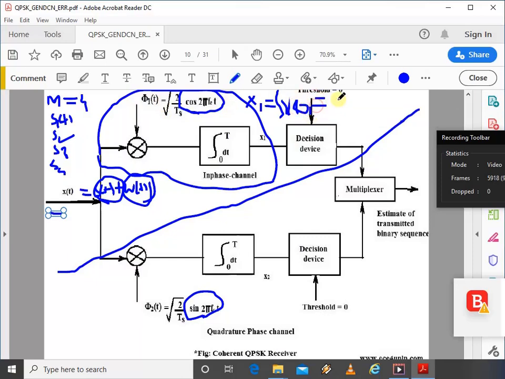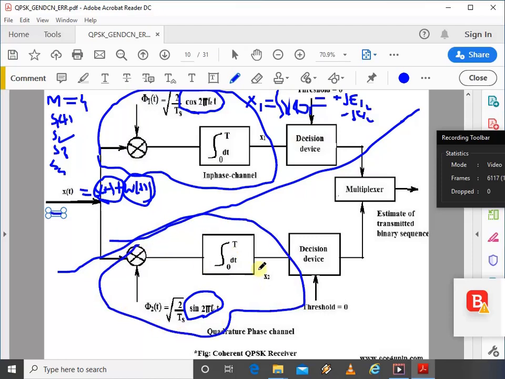The result of this will be either plus square root of E by 2 or minus square root of E by 2. Similarly, the lower arm also contains a second correlator. The output of this second correlator will be x2, similar to x1. This x2 will be the product of x of t and phi2 of t. So the output of this second correlator will also be plus or minus square root of E by 2.